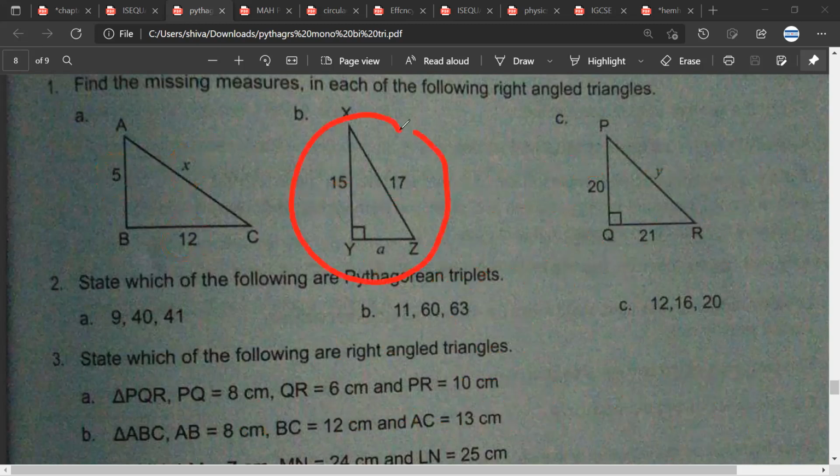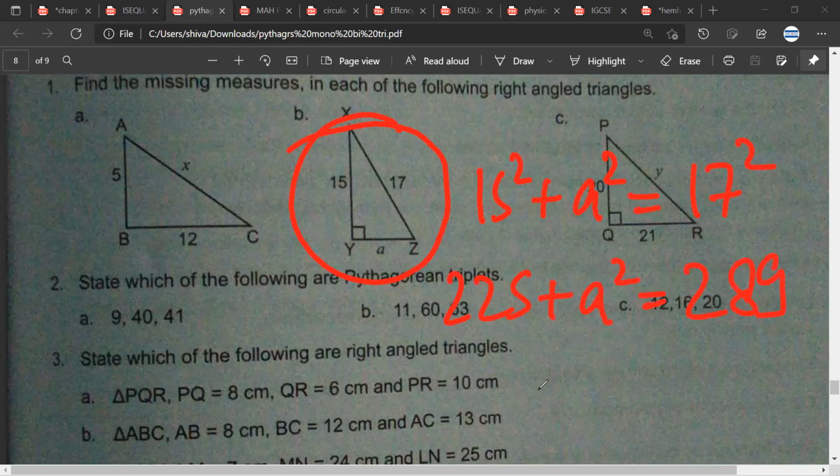Let us take this example. Now here, again, when we use Pythagoras, 15 square plus a square would be equal to 17 square. So, this is 225 plus a square is equal to 289.